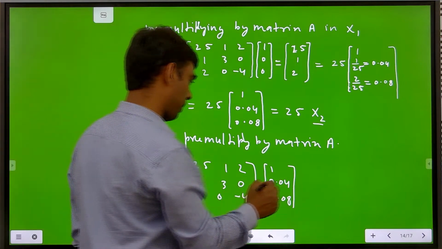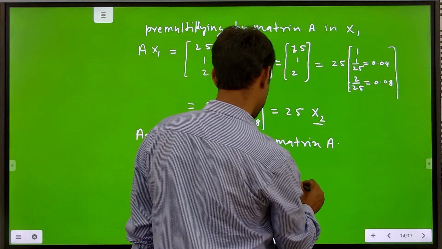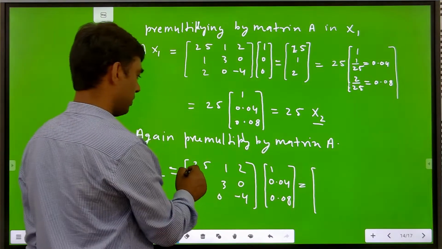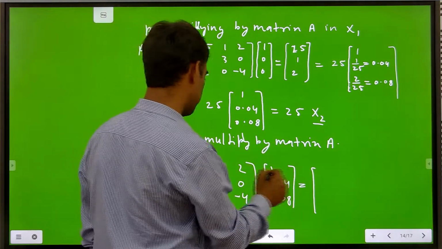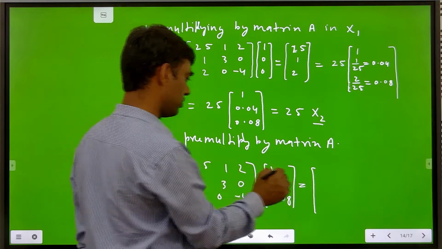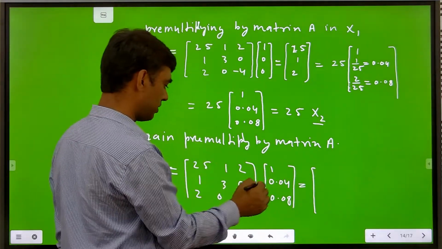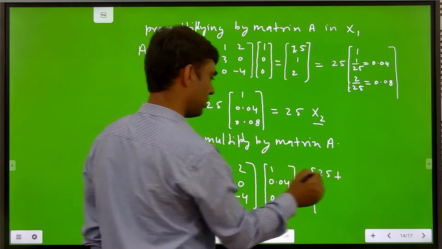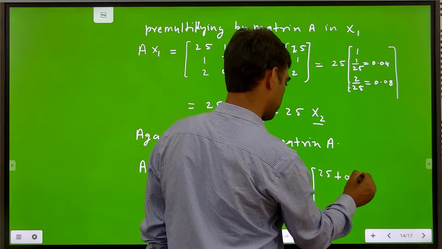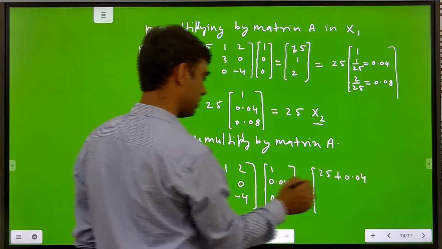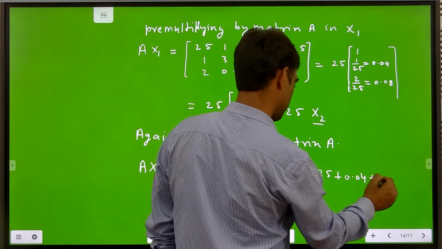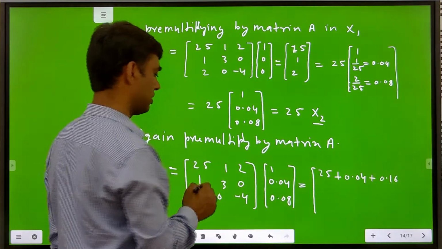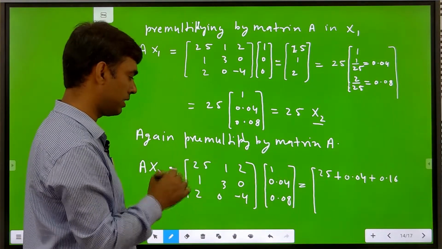So now this equals: first row by the column, 25 plus 0.04 plus 0.16, this is the first element.